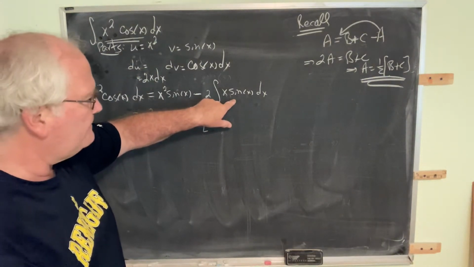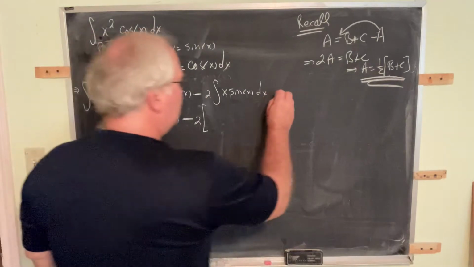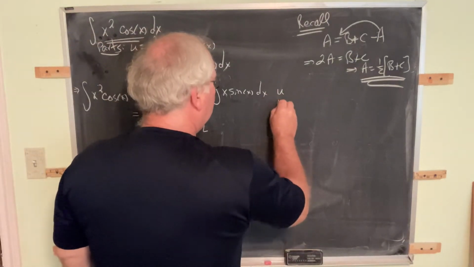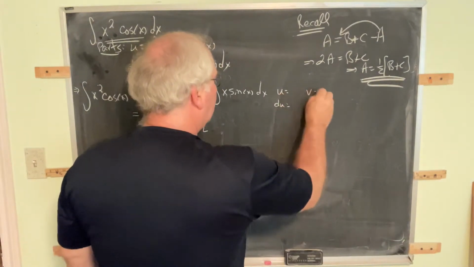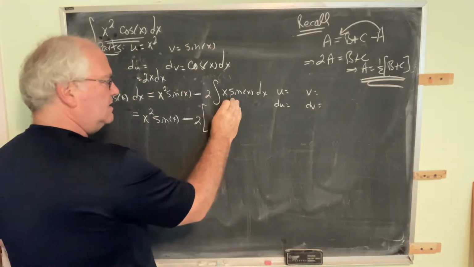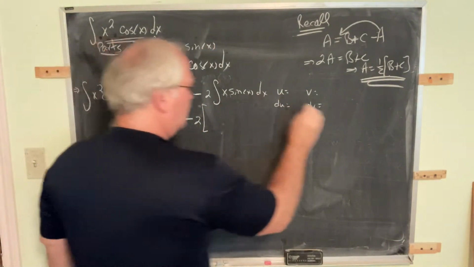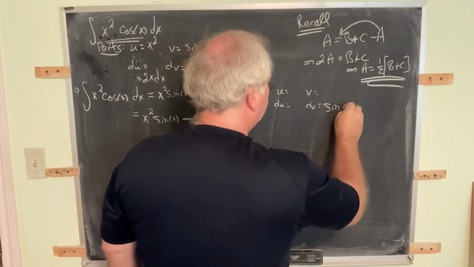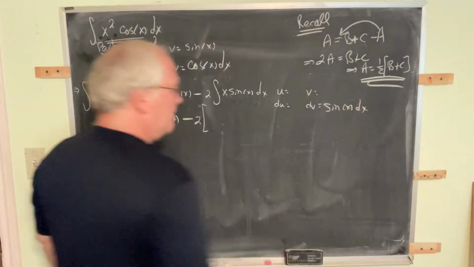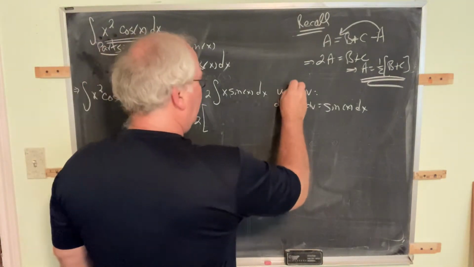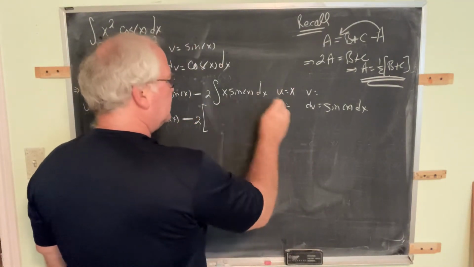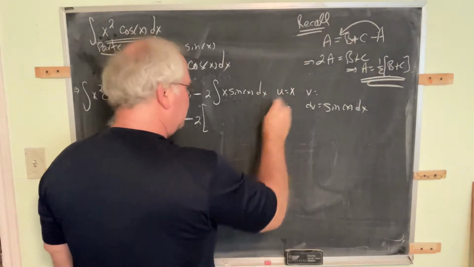I need u, du, dv, and v over here to the side. Same song, second stanza. dv is the most complicated portion whose antiderivative we know. u is everything else, and the derivative of u is the derivative of x.